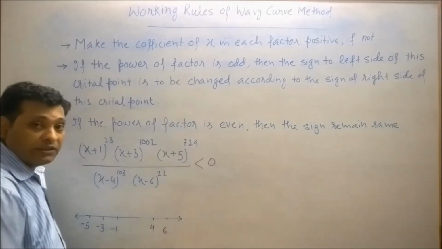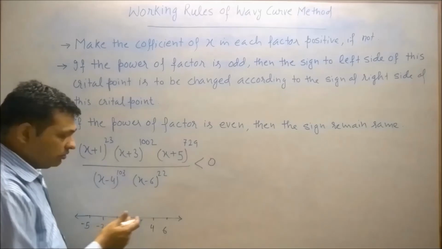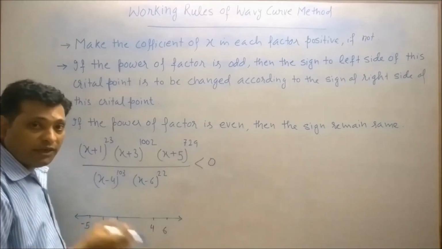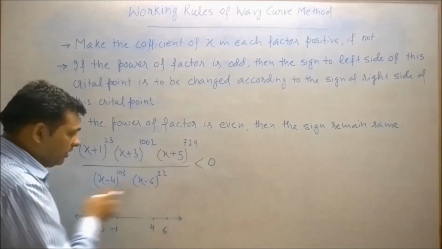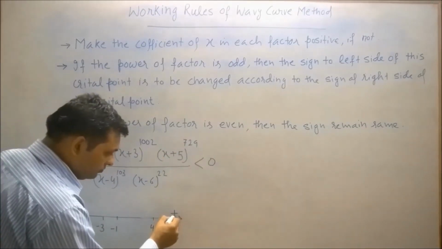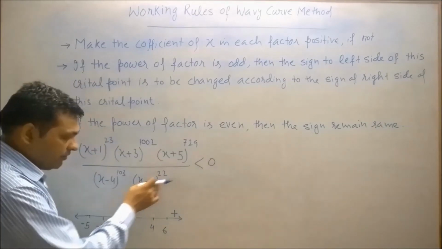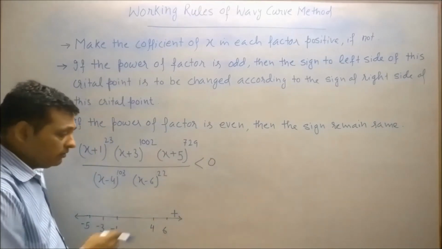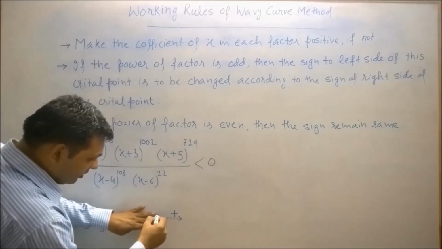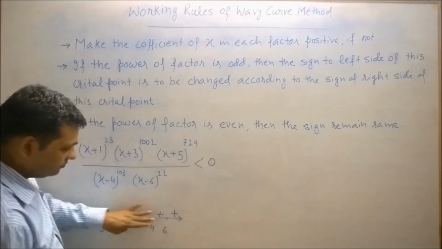Here 6 is the largest critical point. So by picking any one point to the right side of the 6 makes the left hand side of this inequality positive. Here the power of this factor is even, so the sign will not be changed. So we can say the sign is here positive.